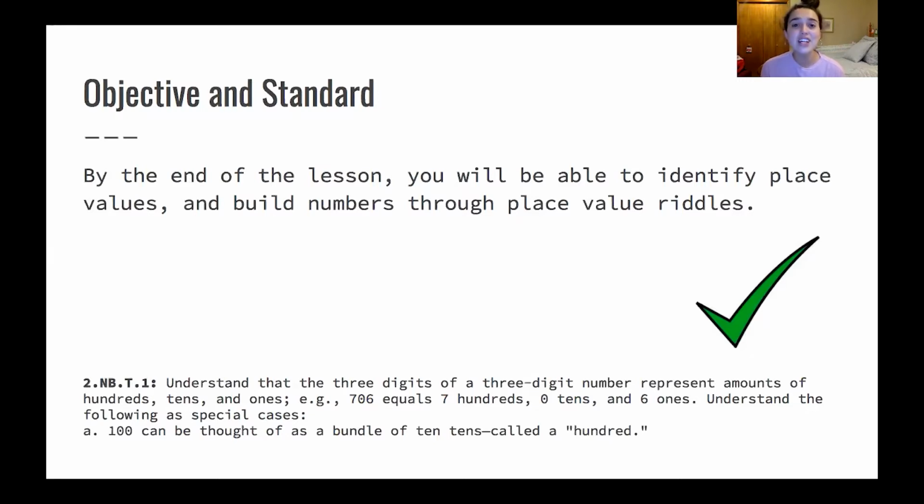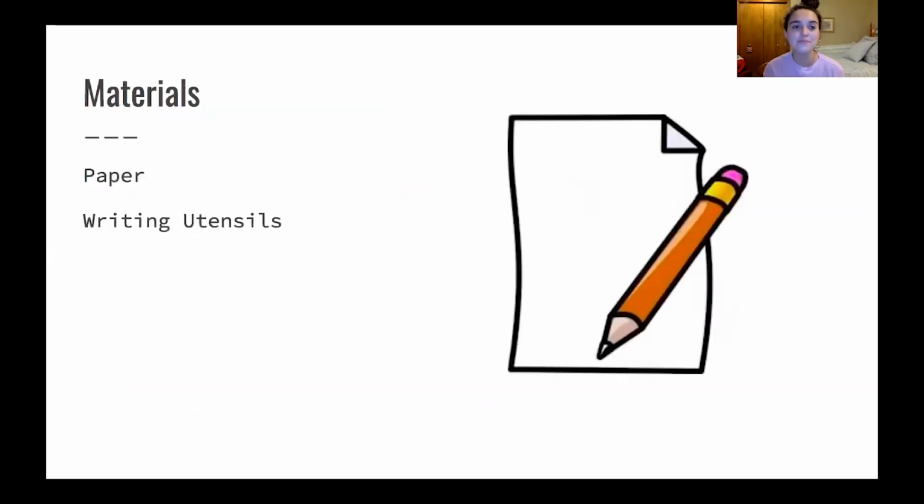And the standard is what everyone in your grade for the whole state is supposed to learn. That helps us make sure we're staying on track. We will hit this again at the end, but for now, this is our objective and standard.